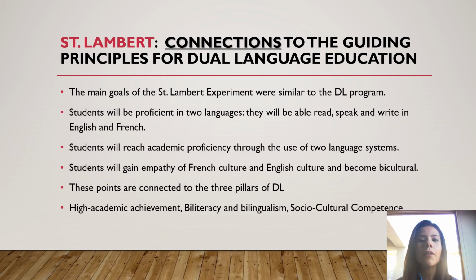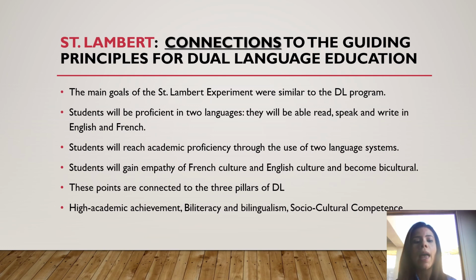We have more connections to the guiding principles for dual language education. We found that the main goals of the St Lambert experiment are similar to the dual language program. The aims for the St Lambert experiment are that students will be proficient in 2 languages. They will be able to read, speak, and write in English and French.